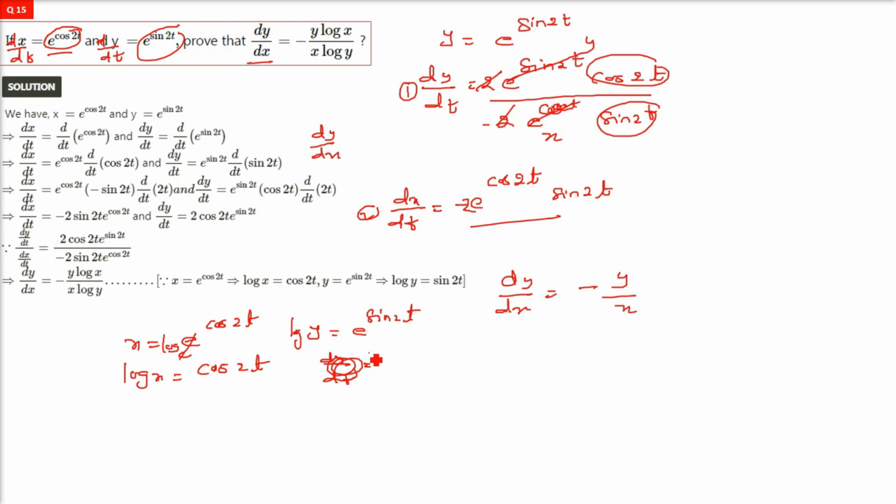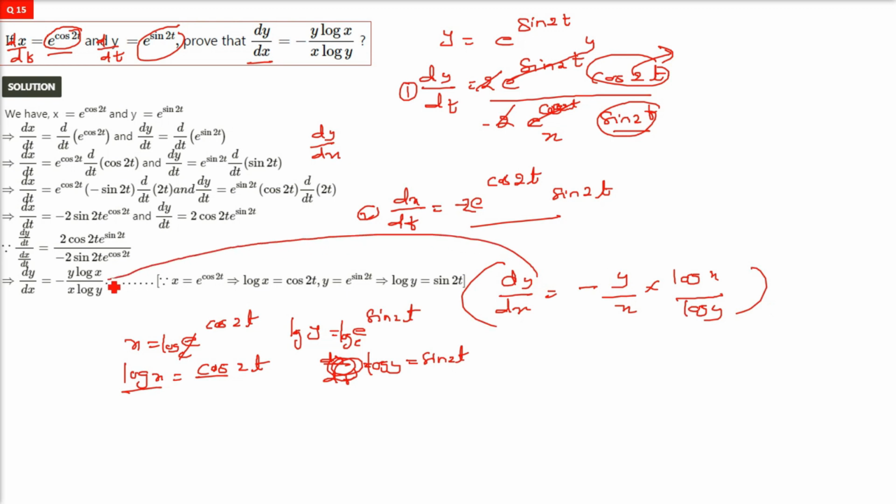So this log e base cancels out, and there will be only sin 2t. So sin 2t will be log y. So in place of cos 2t we are going to put log x, and similarly for sin 2t we will place log y. Alright, so this is your answer.